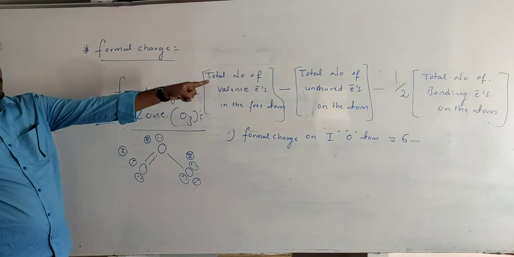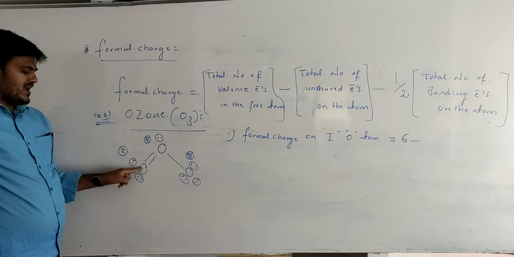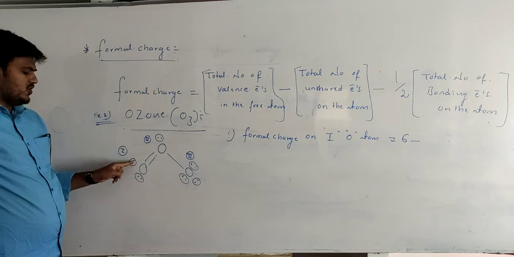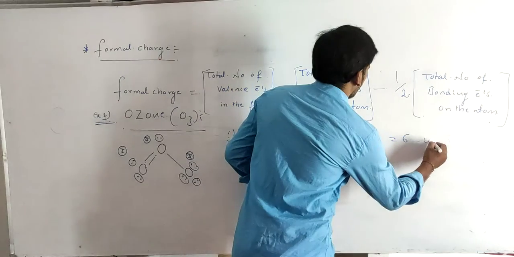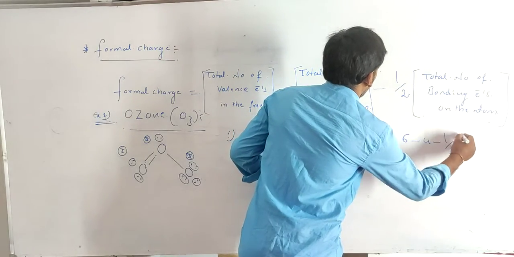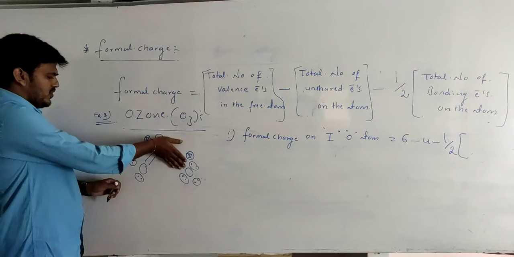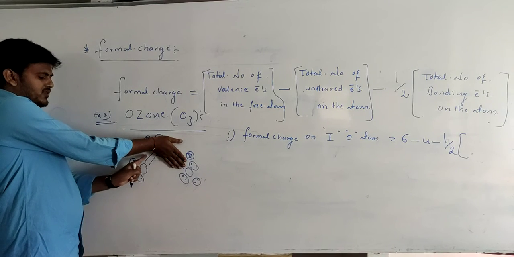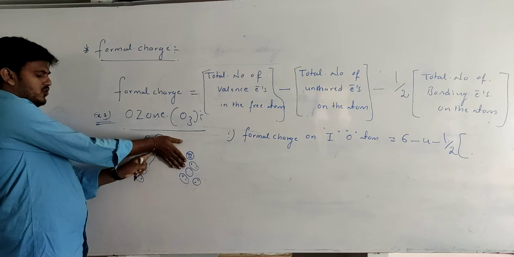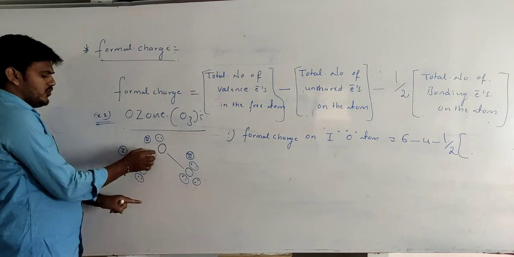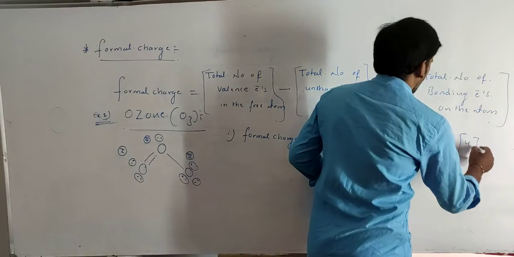So 6 minus 4, minus half into total number of bonding electrons on the atom. Actually 2 bond pairs: 1, 2, 3, 4. So bonding electrons are 4. Okay.